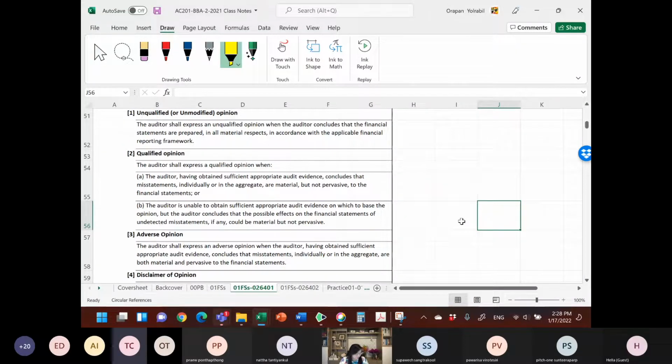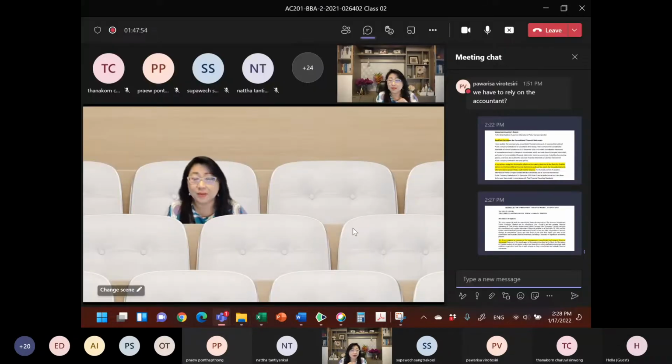Can you elaborate more on the adverse opinion once again? Okay, so it just means that the numbers are wrong. In short, the numbers are wrong. So throw it away. Don't get involved with that company.